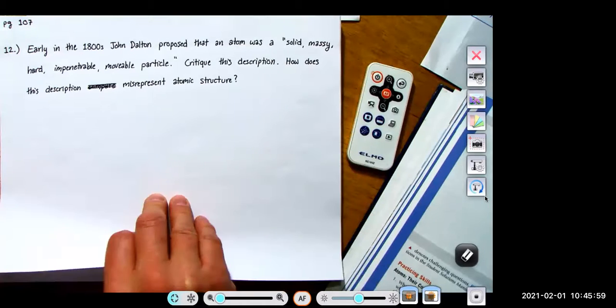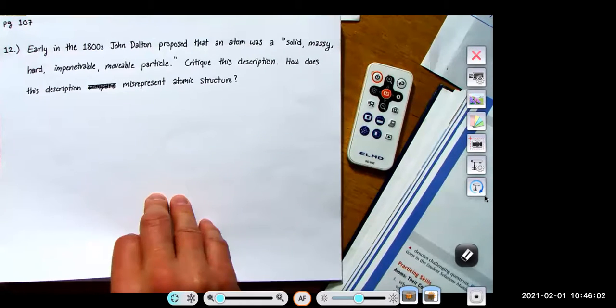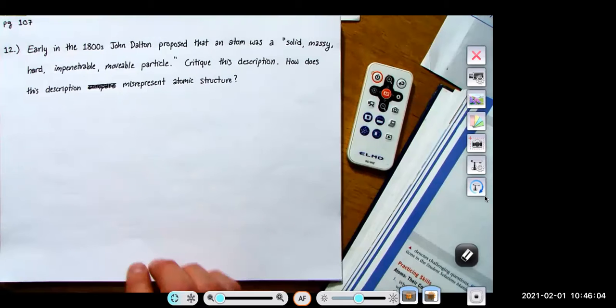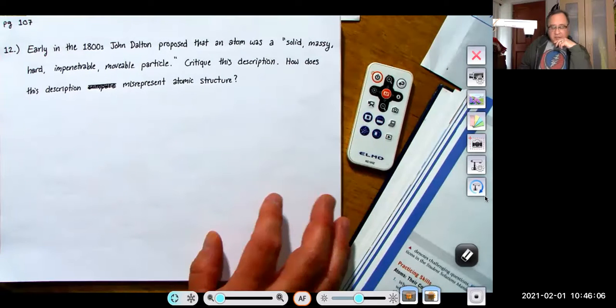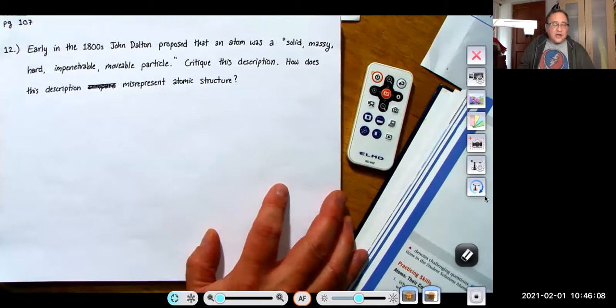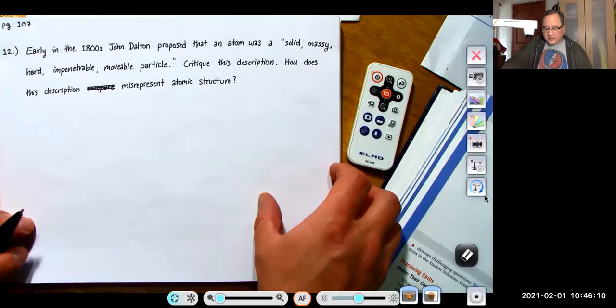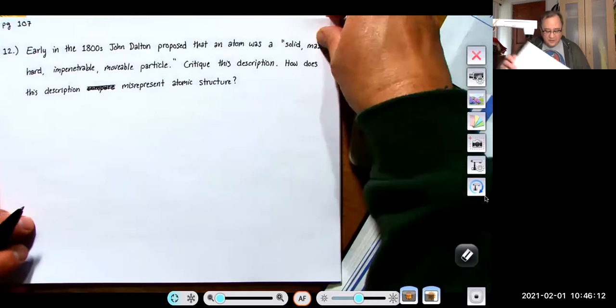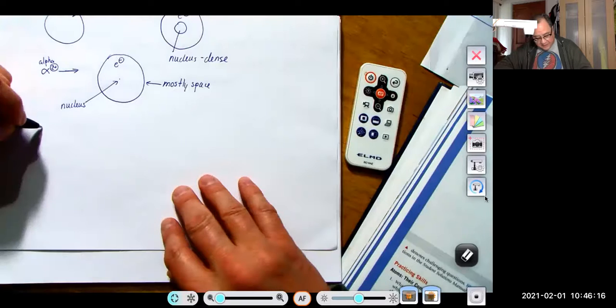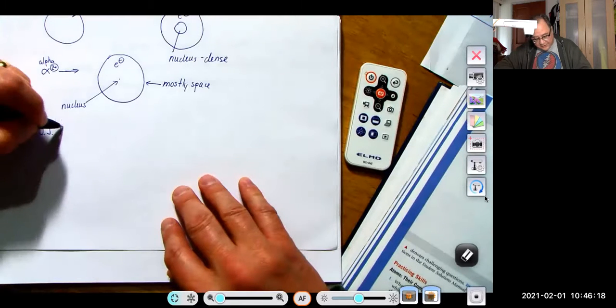So was that quickly dispelled by Curie and radioactive study? No, it was dispelled by a guy named J.J. Thomson, who studied the atom. So this is J.J. Thomson. His name is spelled a number of different ways.